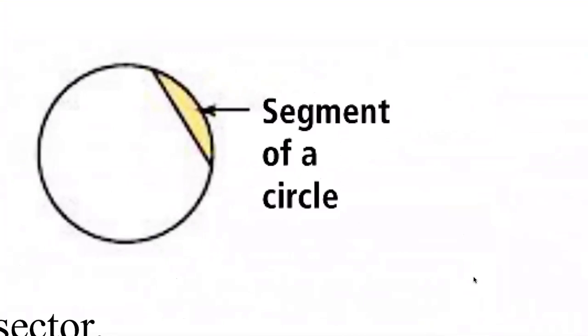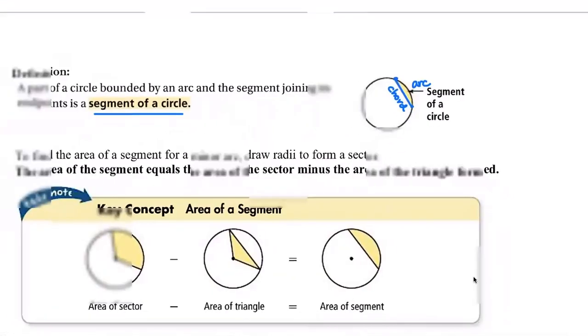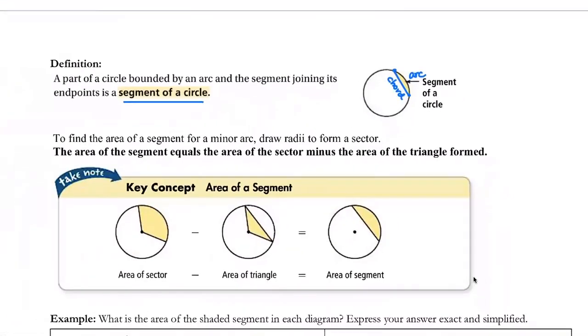Remember, a chord is a segment that joins two points that lie on the circle. So a segment is formed by a chord and an arc and the little region in between them. It's kind of like a little slice. You take a chord and slice off a little chunk of it.